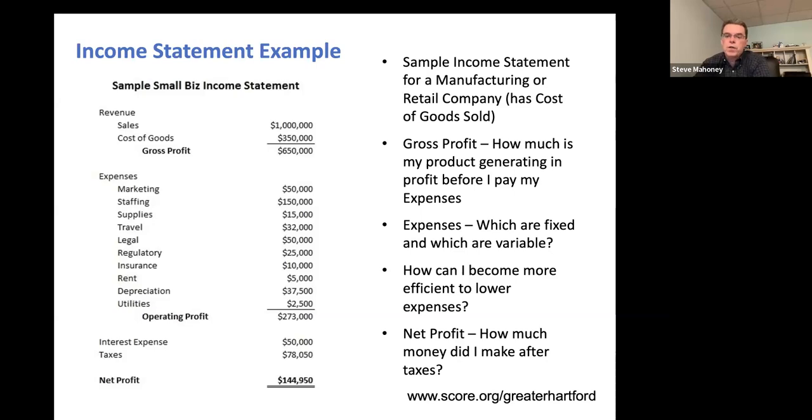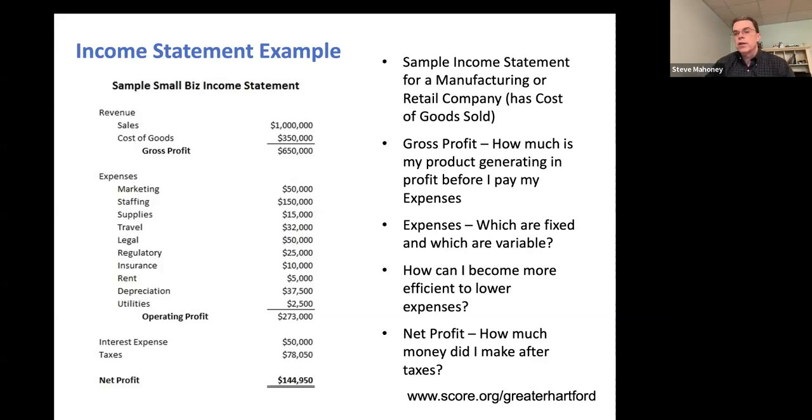But you want to also be careful and say, I want to be more efficient in how I spend money. But if I'm spending money on marketing and I have a marketing campaign that is really good, that's driving a lot of business to my restaurant or to my landscaping business, I want to be careful because if I cut that marketing spend, my expenses might go down, but my revenue might also go down.